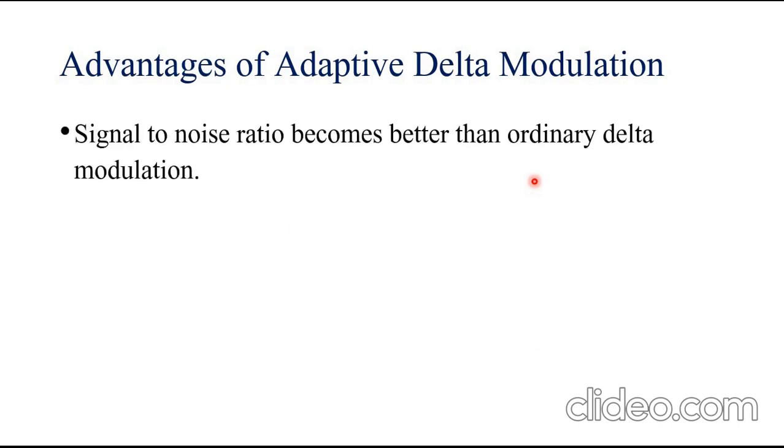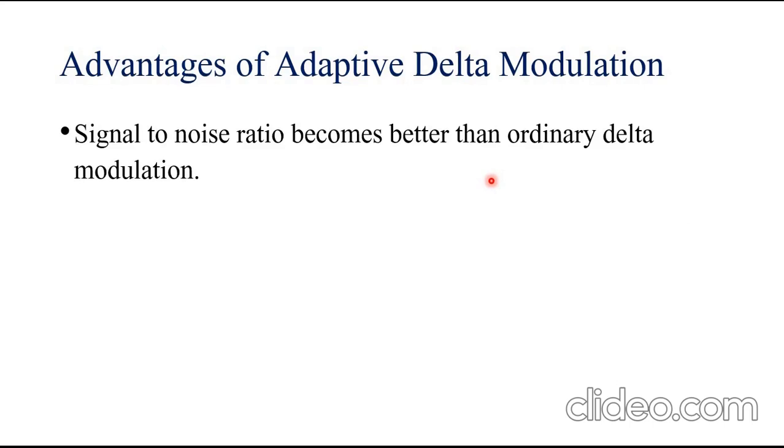Now let's see the advantages of adaptive delta modulation. Adaptive delta modulation has certain advantages over delta modulation.